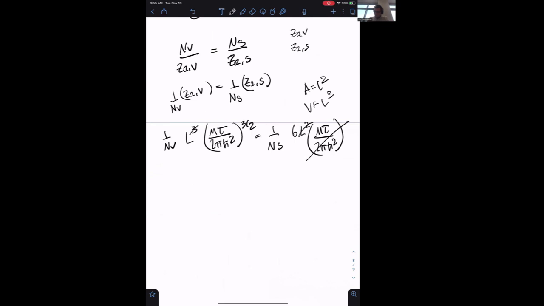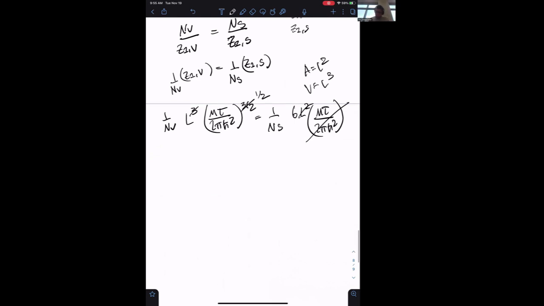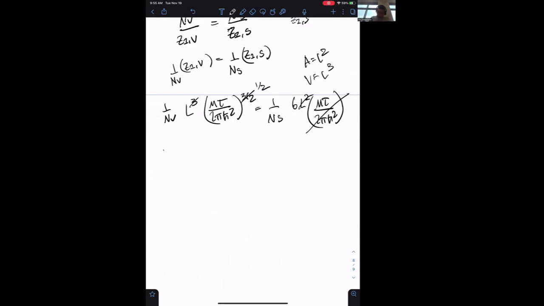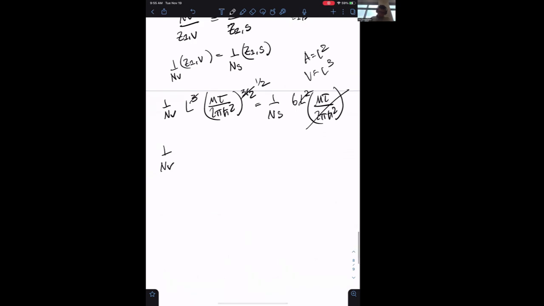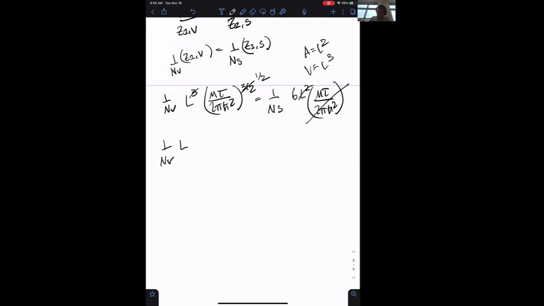This is going to take away one entire factor of this, so we're left with 1/2 there. So we have 1 over NV L is equal to MT.